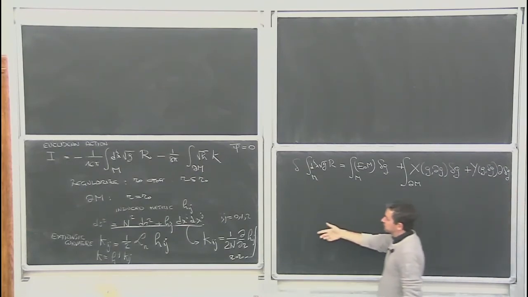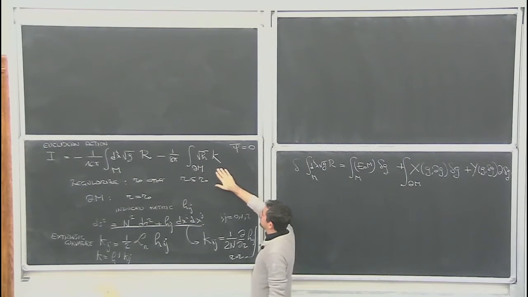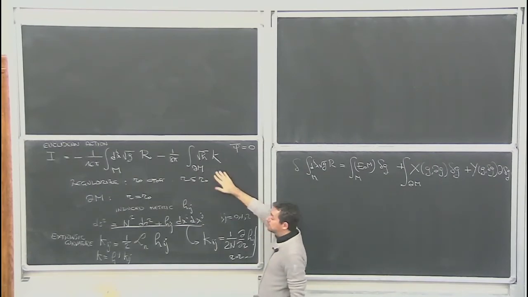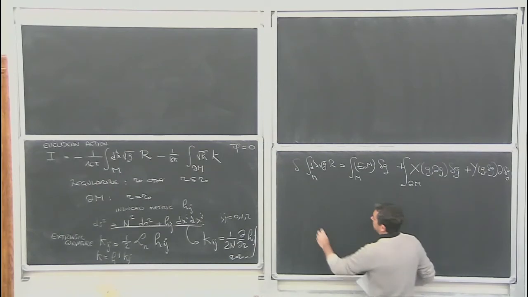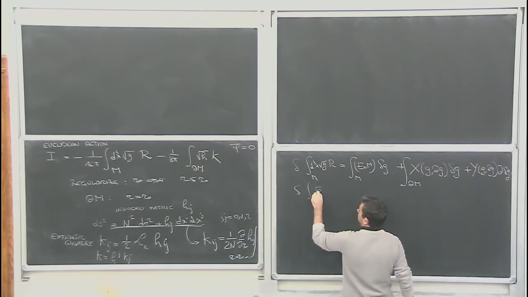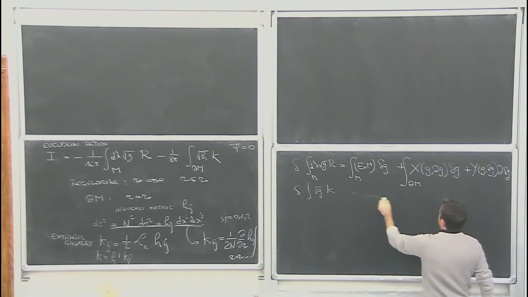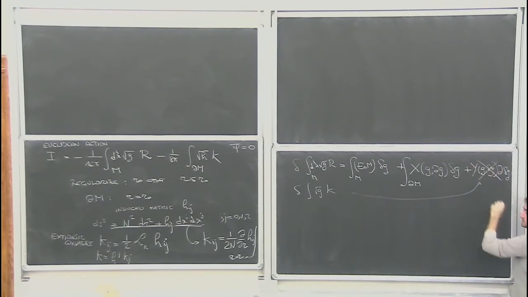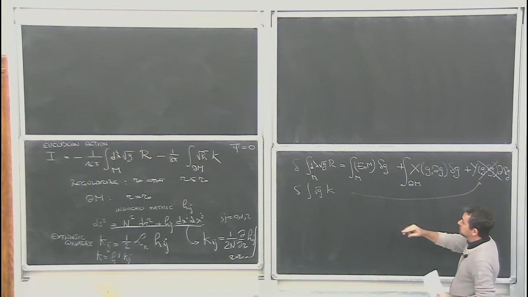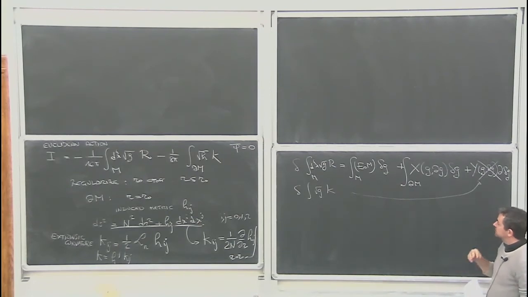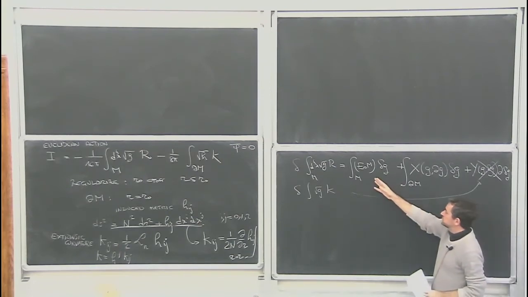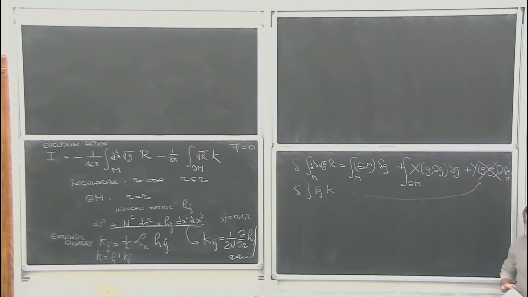So the solution of this issue is to introduce this term that precisely is such that the variation of square root of h times K is precisely such that it offsets this. Okay, so we are left, after we have done that, with an action that is correctly extremized upon imposing the equations of motion and Dirichlet boundary conditions.